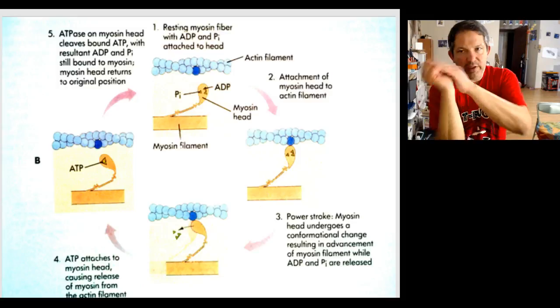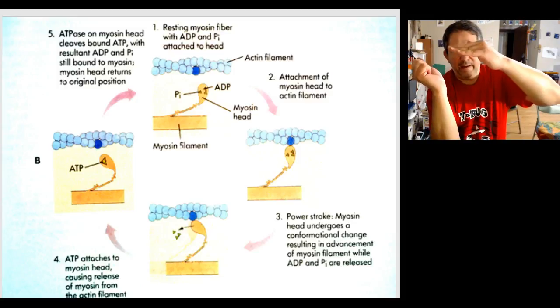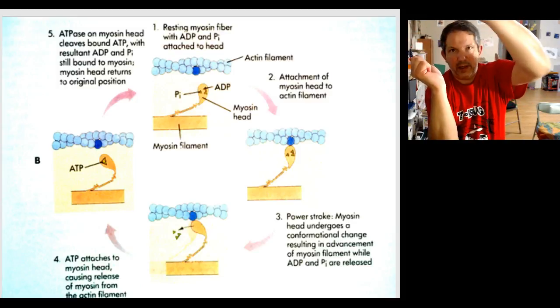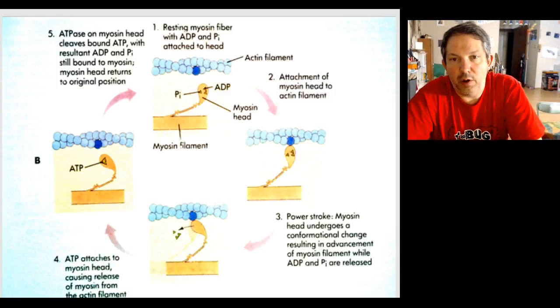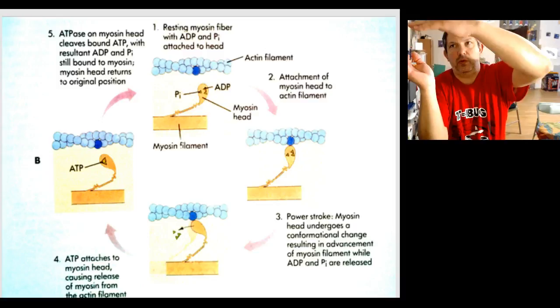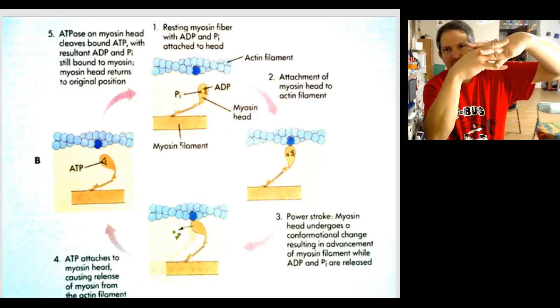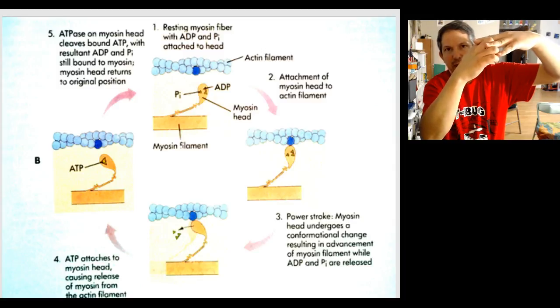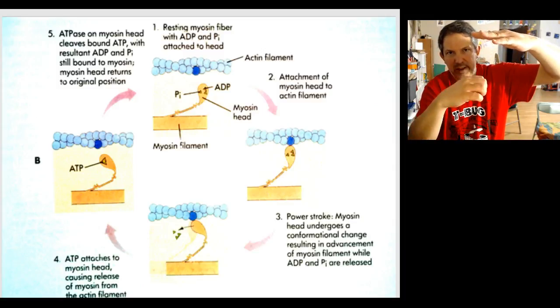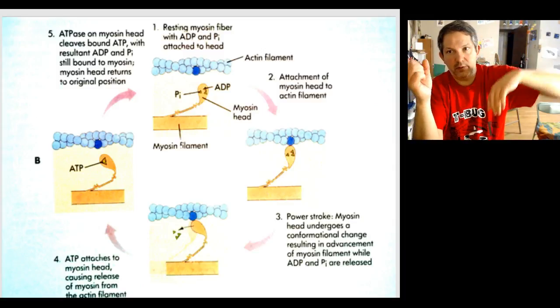So it puts in potential energy, and if the binding site gets uncovered, away it goes. It grabs on and does that, but now it's stuck and it needs more ATP to release and reset.